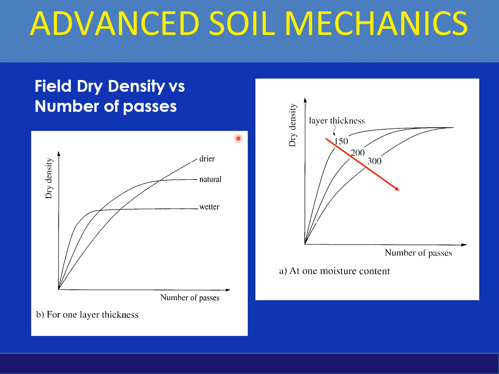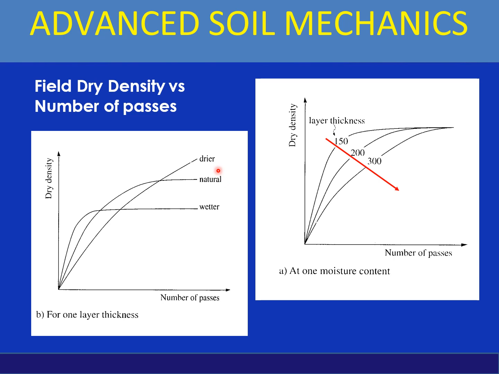Now here you would find field dry density versus number of passes. It's quite obvious that with the increase in the number of passes, the dry density or the dry unit weight is going to increase. Here, this one is the dry soils, the wetter conditions, and this corresponds to the natural condition of the soil.